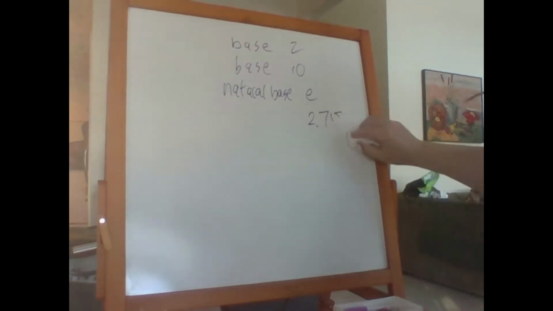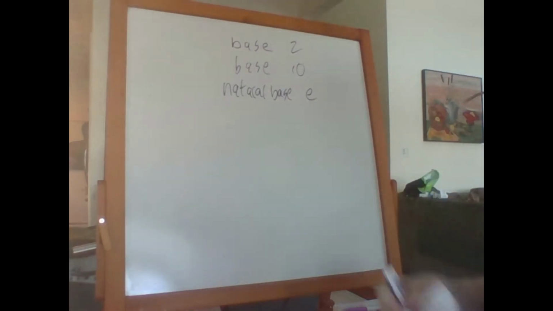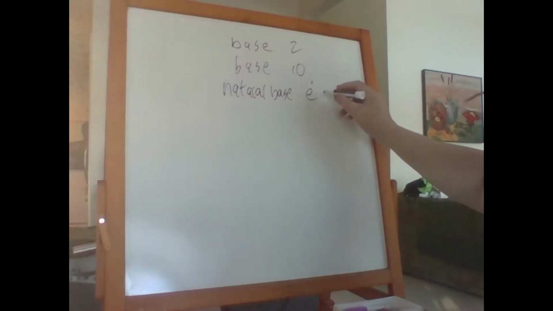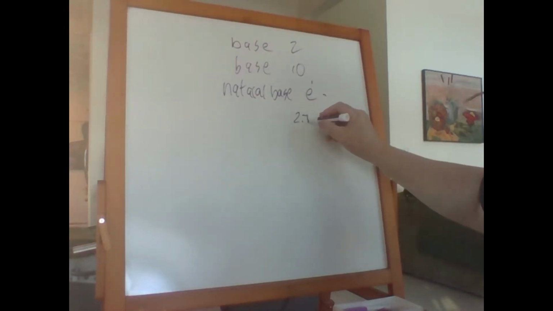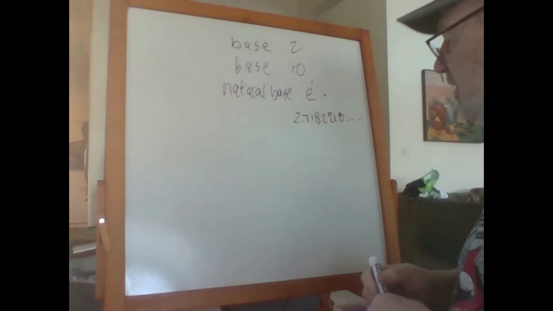So the natural base e represents that number. So e to the 1 is equal to 2.7182818, blah, blah, blah.